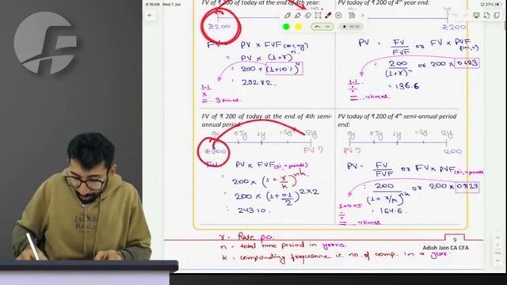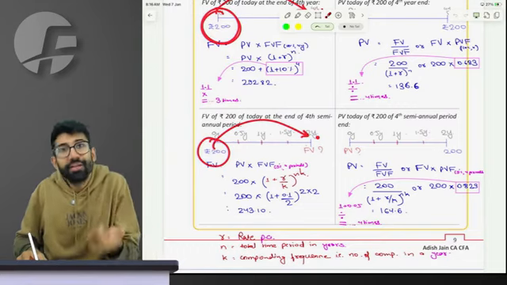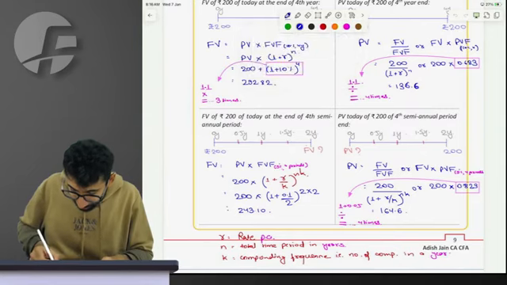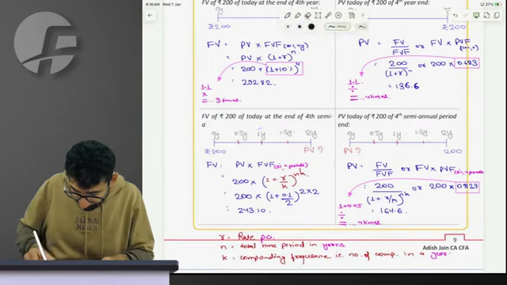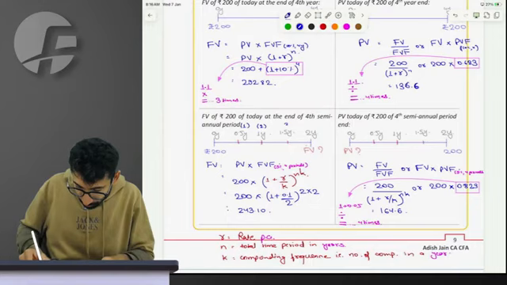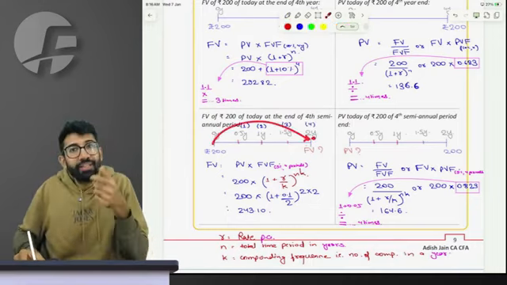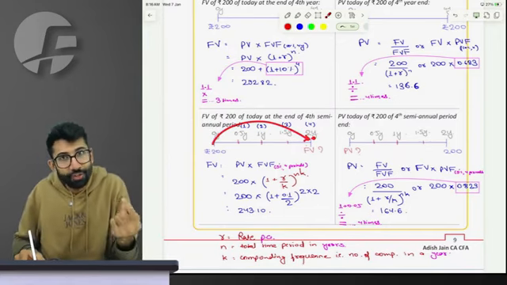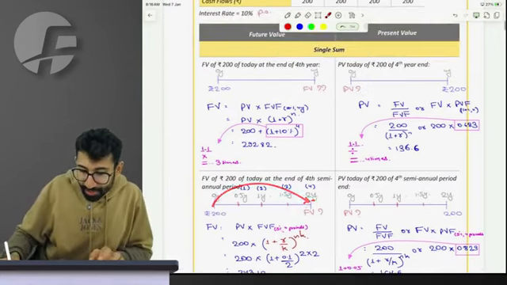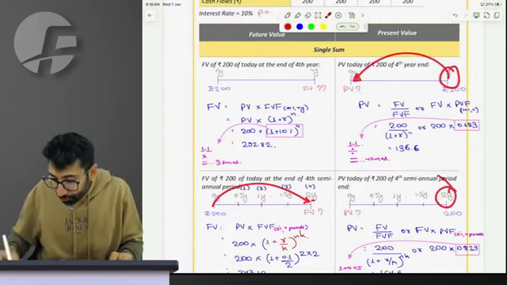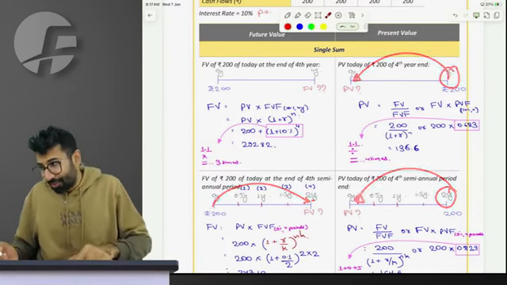And similarly, what will be its value at the end of 4th period? When I say 2 years, it is actually 4 periods of 6 months each: 1, 2, 3 and 4. So what will be the future value at the end of 4th period? Similarly, if there is an amount at the end of 4th period, what is the present value today?